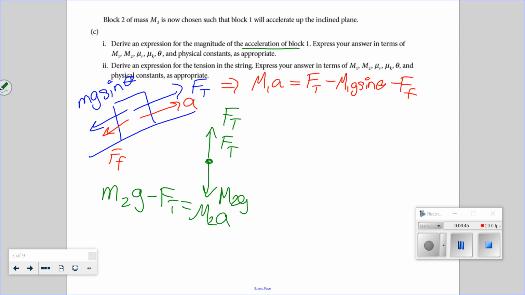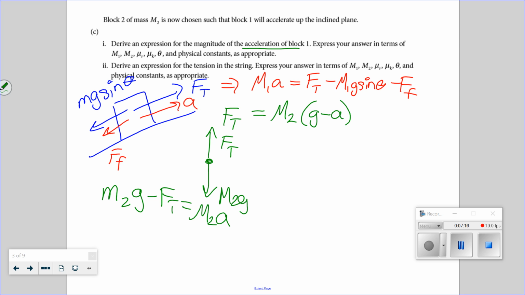They're interconnected by this force of tension. I think that's reasonable. I could be wrong. Stay tuned. Okay, but force of tension equals m2 times (g minus a). See that? Same m2s, tension's holding it up, gravity pulling down, and that results in the same acceleration.